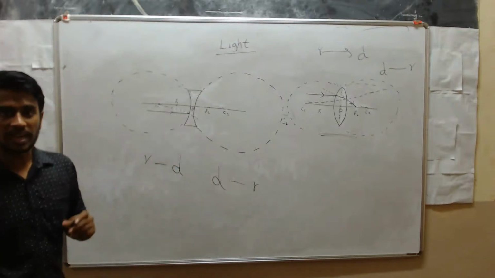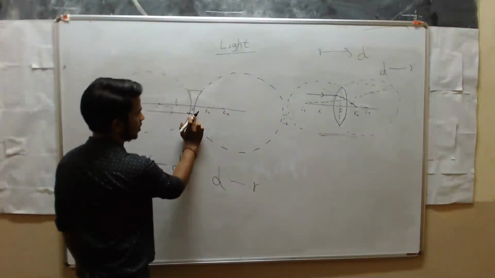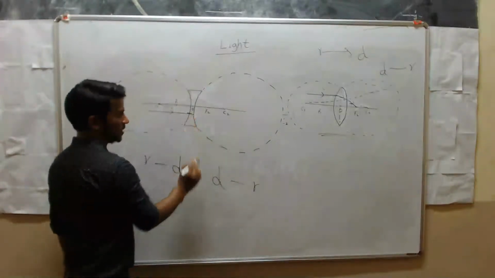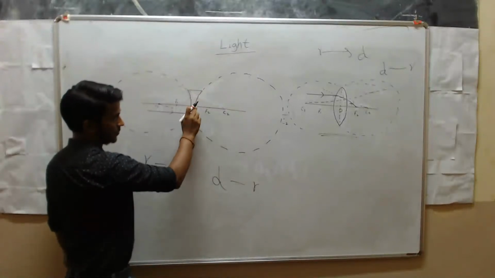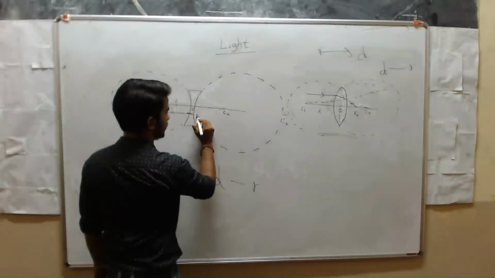Here the speed of light decreases, so that's why it bends towards the normal. Now it strikes here. For this surface, C is the center of curvature, so we draw the normal from here.